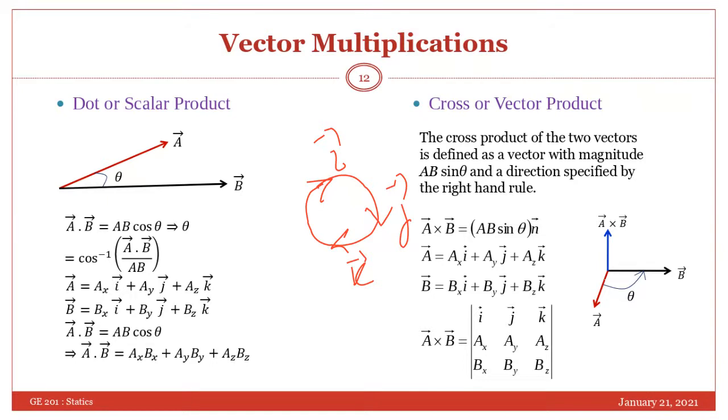Okay. And here also in this figure, if you can say like vector A is facing towards your face. So this is like acting in the positive z direction, and this is x direction, and this is y direction. So when you multiply this k with i, if it is facing towards positive z, so definitely k cross i will give you j.